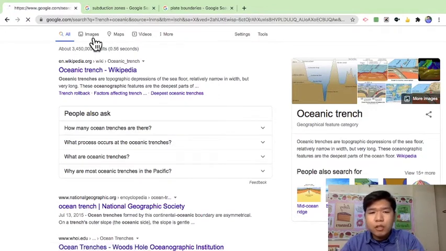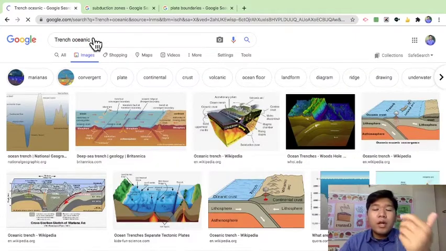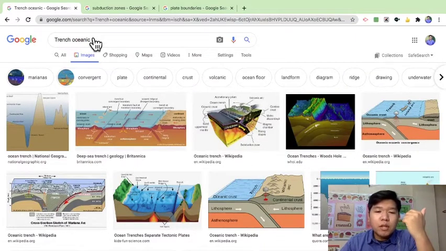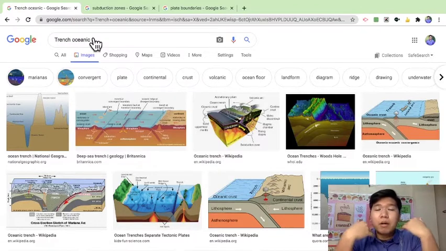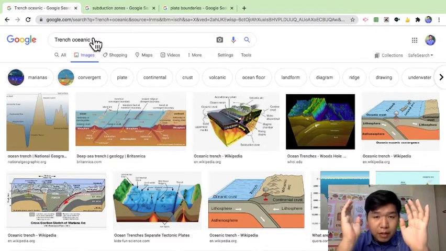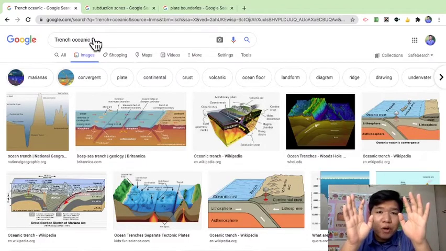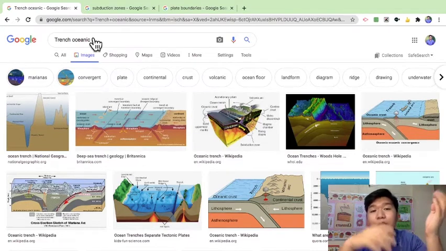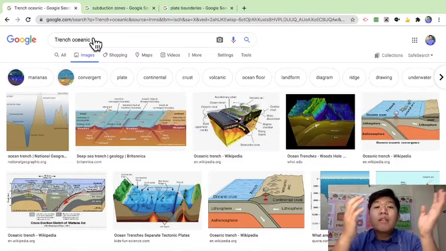Let's just look at a few pictures. Now, one of the most famous oceanic trenches is the Marianas Trench, the deepest trench in all of the earth. The Marianas Trench is formed by the convergence of the Pacific Plate and the Philippine Plate.